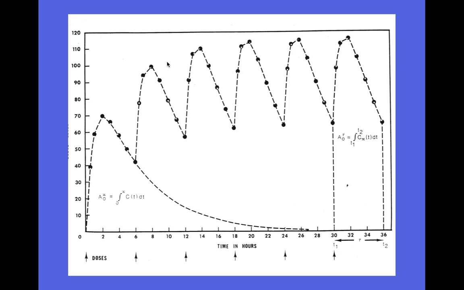And again, the curve continues down, and so on if you give multiple doses. What you see is a stepwise march, an increase in concentration, so that you approach a steady state concentration after about 3 or 4 doses, and that's consistent. Okay, so you get a steady state concentration after about 3 or 4 doses.